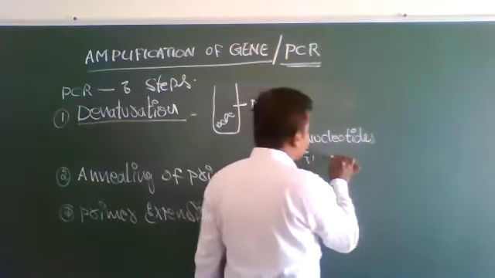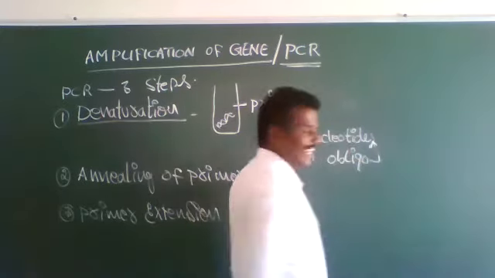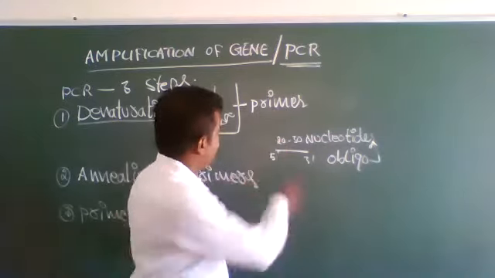Those 20 to 30 nucleotides are also called oligonucleotides.